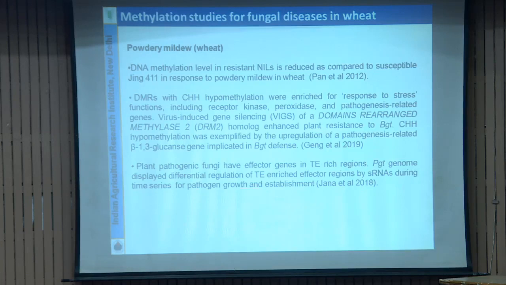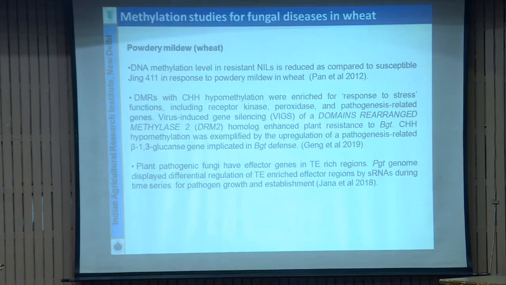Then I got one recent study where this epigenetic variation was studied on the pathogen also. It was found that the effector genes of pathogens may also be methylated, and the variation in the response of these effector proteins may be due to methylation in the genes of those effector proteins.